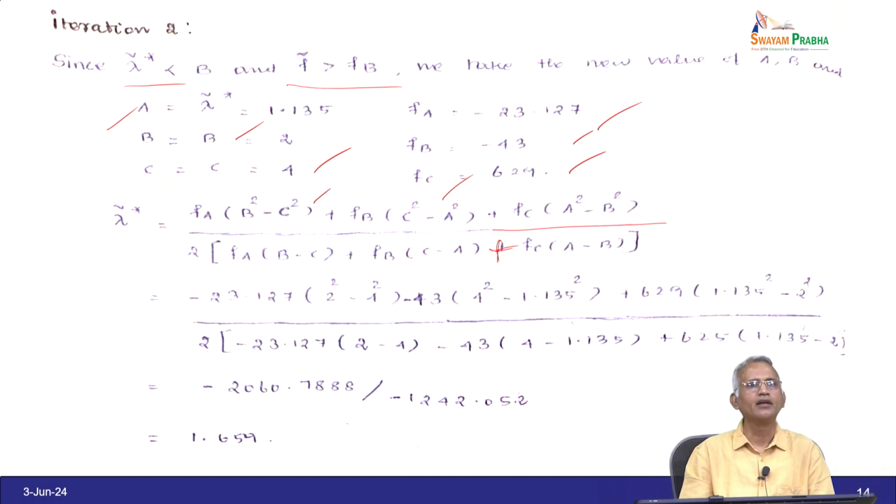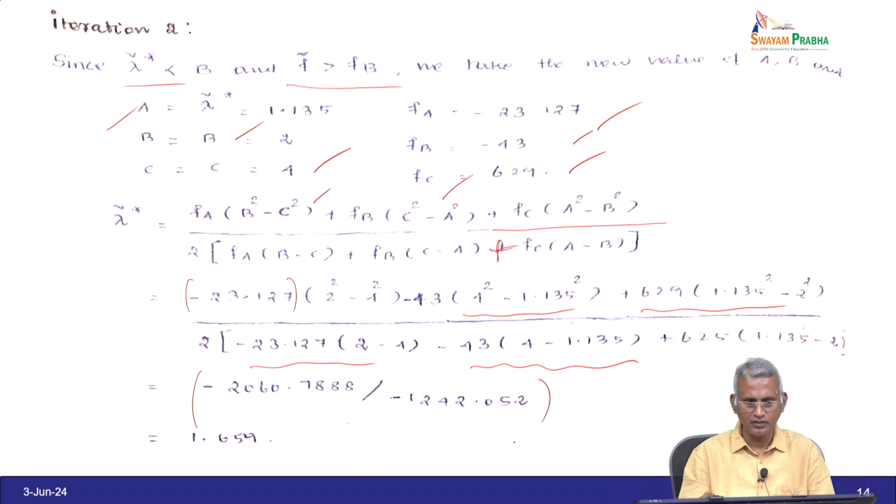So, for FA we have minus 23.127 into B square minus C square, which is 2 square minus 4 square, minus 43 into 4 square minus 1.135 square, plus 629 into this, divided by twice of minus 23.127 into 2 minus 4, minus 43 into 4 minus 1.135, plus 629 into 1.135 minus 2.